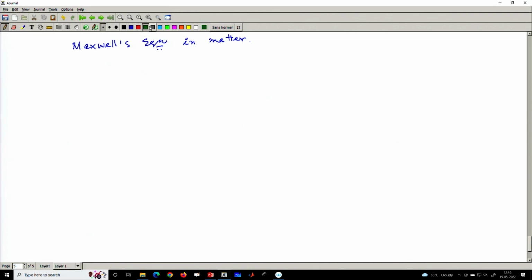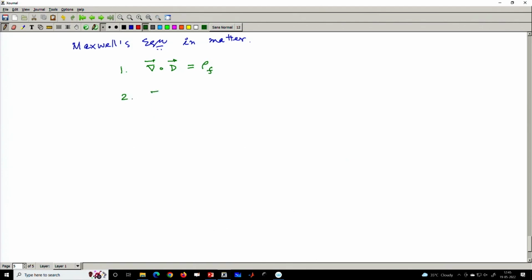The first equation is modified like this: instead of E I get D, and here I have rho free.